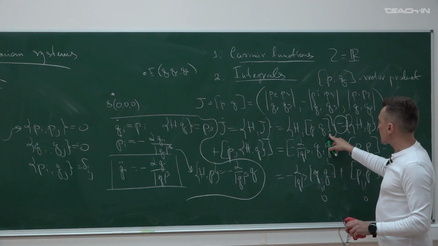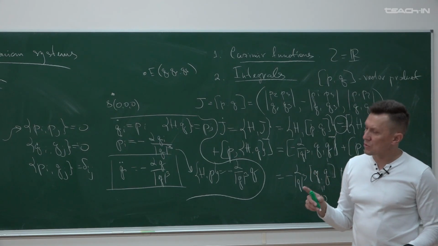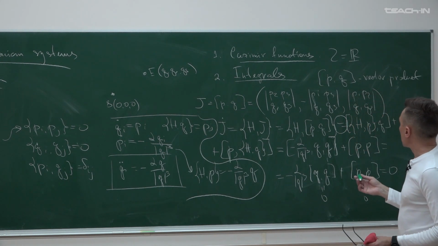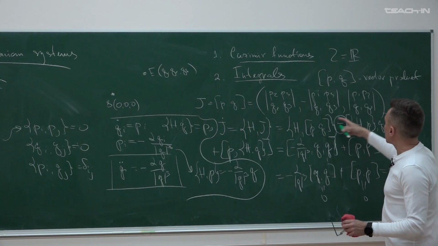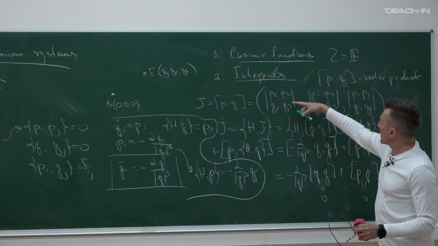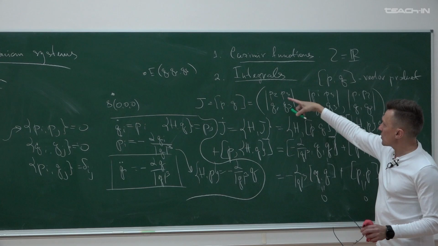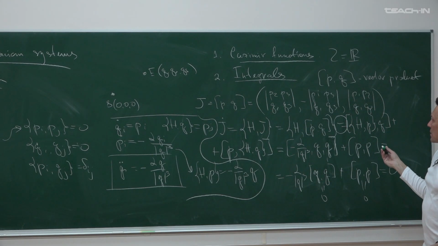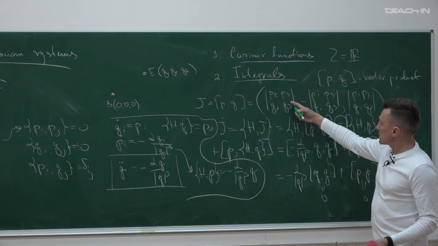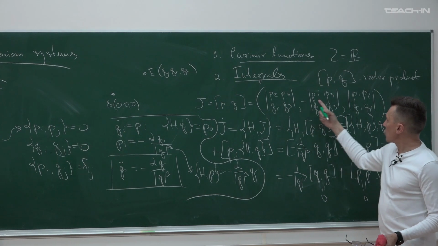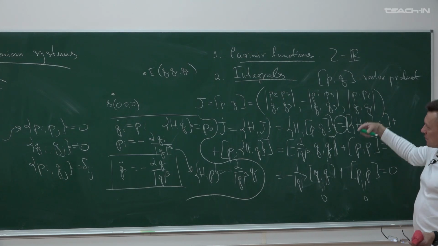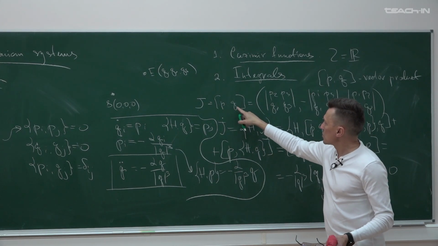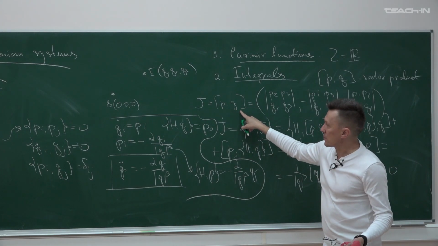You see, the vector product is a bilinear function on its arguments. It could be seen in coordinates. So it depends linearly on the coordinates of the arguments p and q. And when we calculate the Poisson brackets of H with the coordinates of this vector, it's the same thing as to apply the Leibniz rule to this bilinear operation.